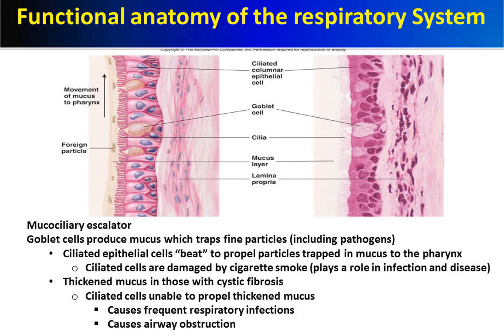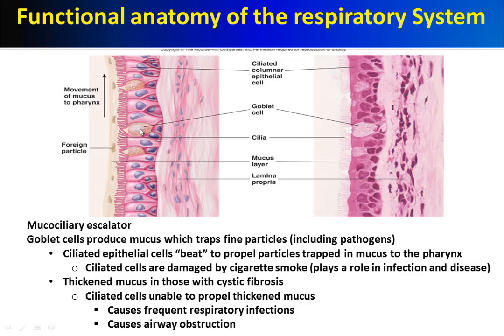in the nose. Now we also have the pseudostratified ciliated epithelial cells, which have cilia, and these ciliated cells are damaged by cigarette smoking, and hence cigarette smoking plays a role in infections and diseases of the respiratory system.